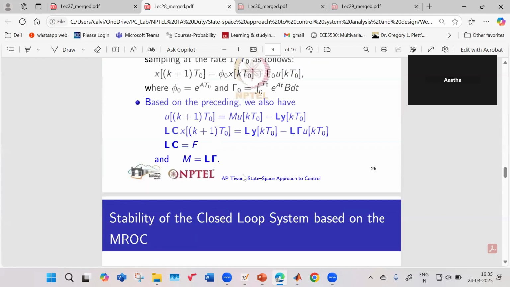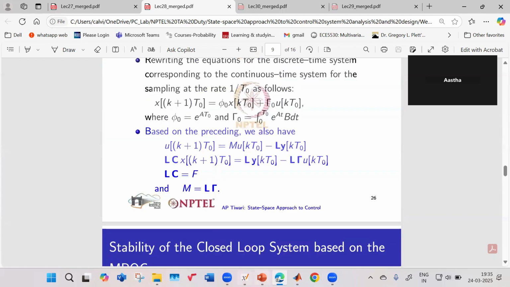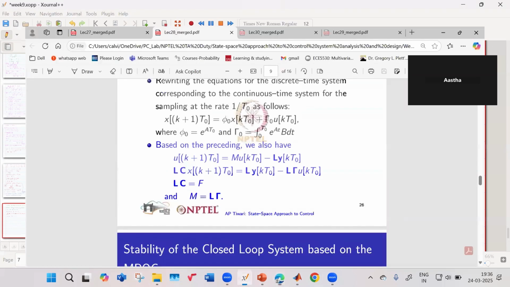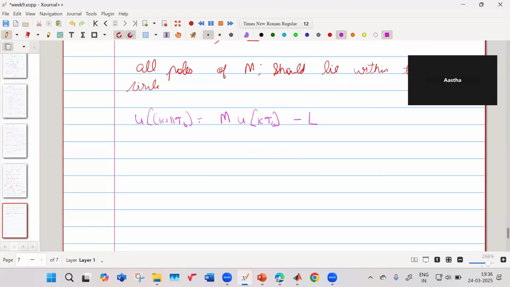Let us check this. We have u of k plus 1 T0 equal to M into u of k T0 minus L into y bar of k T0. This is how you find u; your input is formed like this.